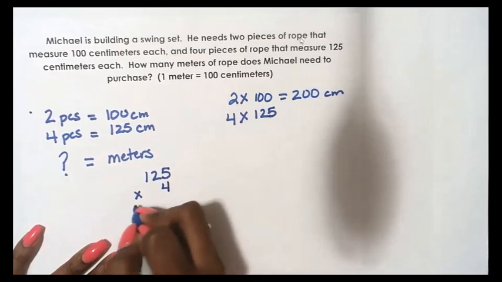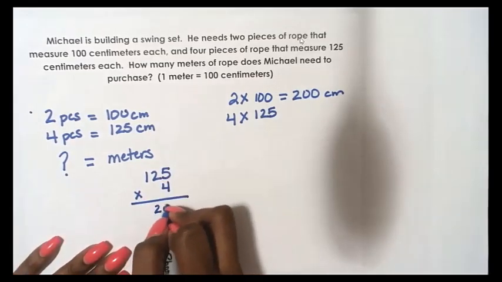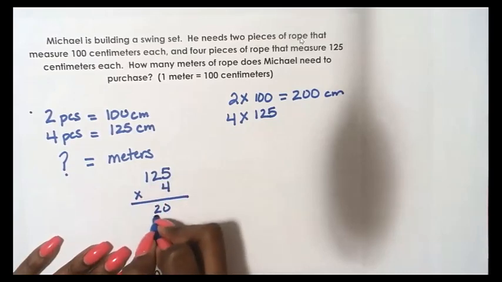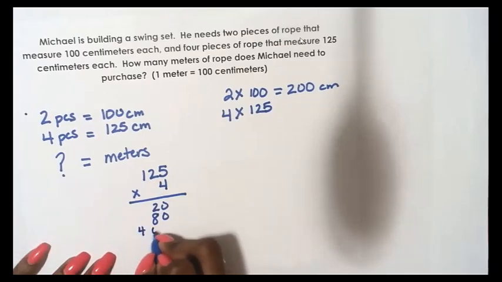125 times 4. 4 times 5 is 20. 4 times 20 is 80. And 4 times 100 is 400.